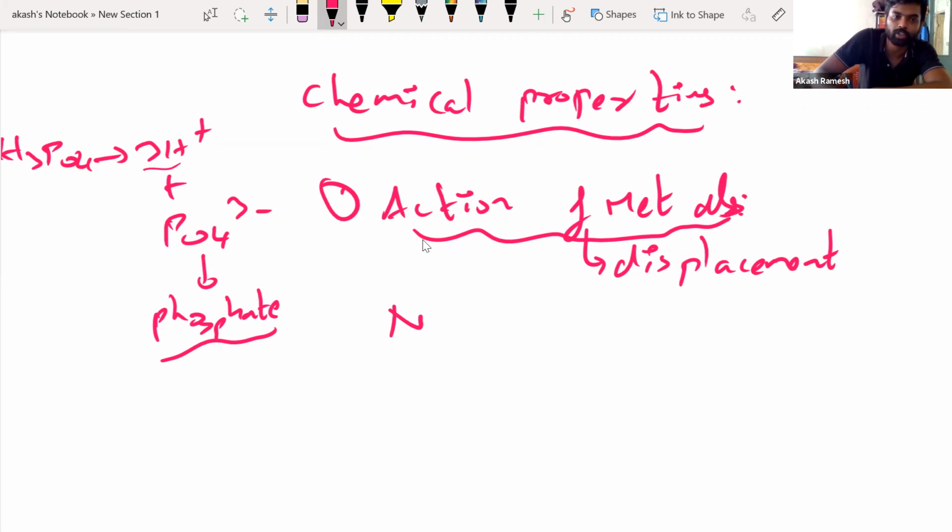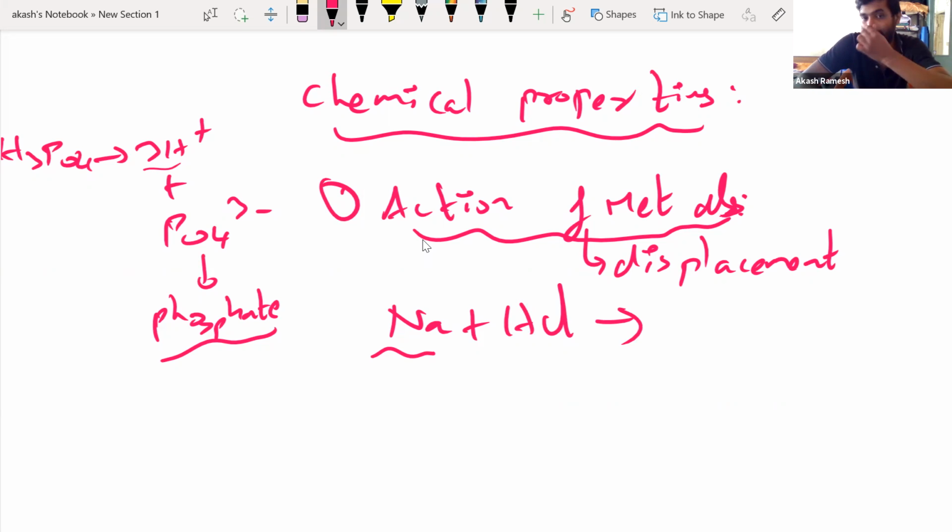Say, for example, I take sodium. Sodium is a metal, no doubt about it. If I react it with HCl, HCl is an acid. Now can you tell me what are all the products here? I told you it's a displacement reaction. So what should be the product here?